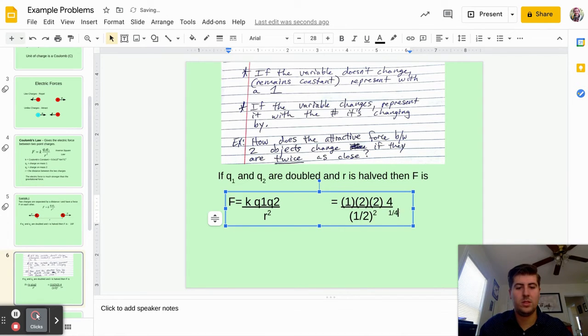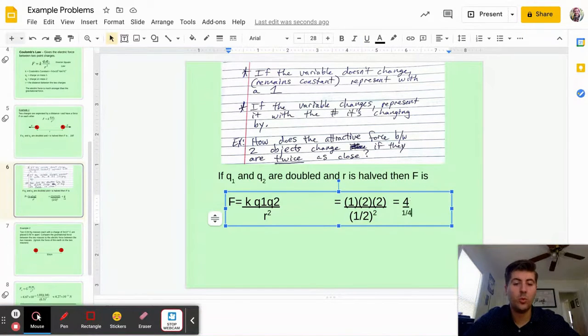If we do 4 divided by 1/4, that's going to give us 16. So our new force is 16 times what it was before. That is what we should end up getting.